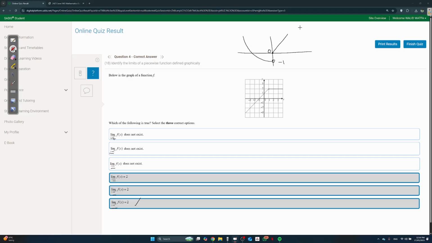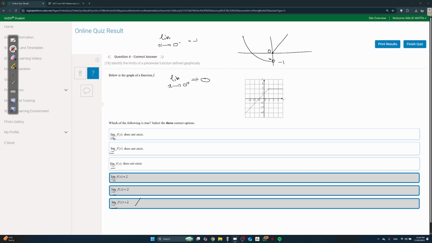Let's take a look at the limit as x approaches 0. Let's start with x approaches 0 minus. That means you're going from the negative side, so you're coming down, and what do you get? -1. And then the limit as x approaches 0 plus would be, approaching it from the positive side, you're going to reach 0.